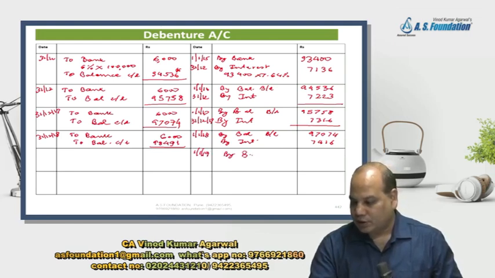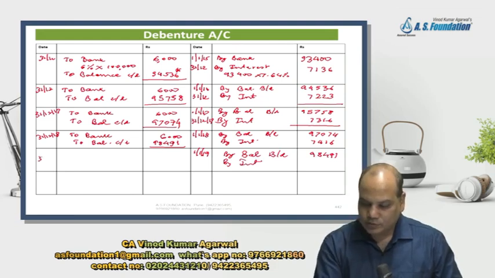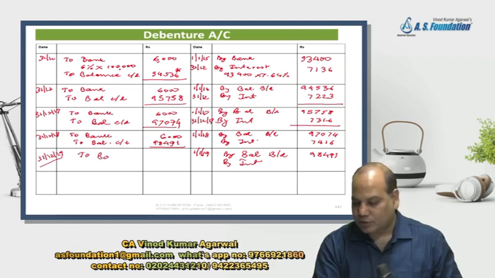31st December 19, by balance brought down, quickly, 98,491. By interest is the balancing figure. Wait, first come to the debit side, 31st December 19, to bank. Total payment made is 6,000 rupees for coupon and 1 lakh rupees towards principal, so 1 lakh 6,000.